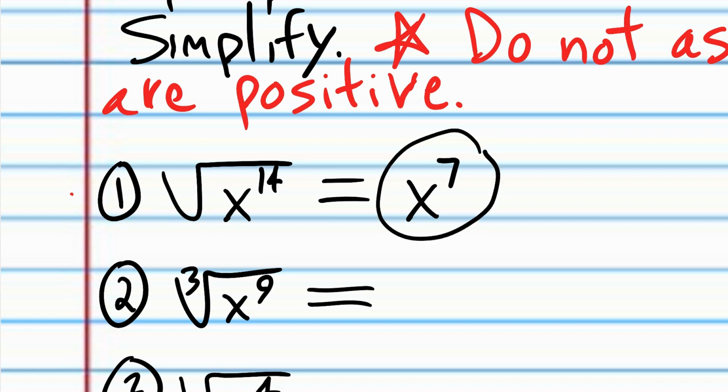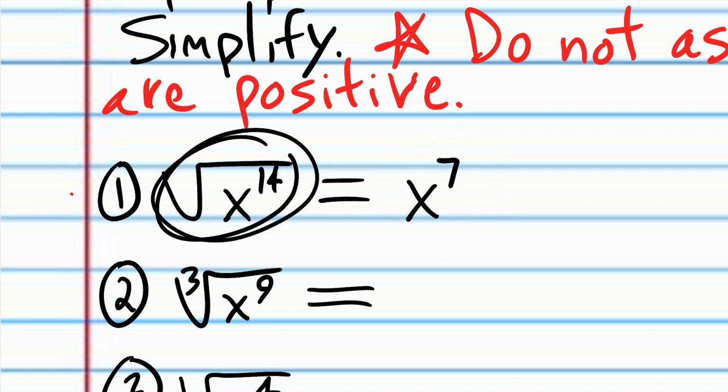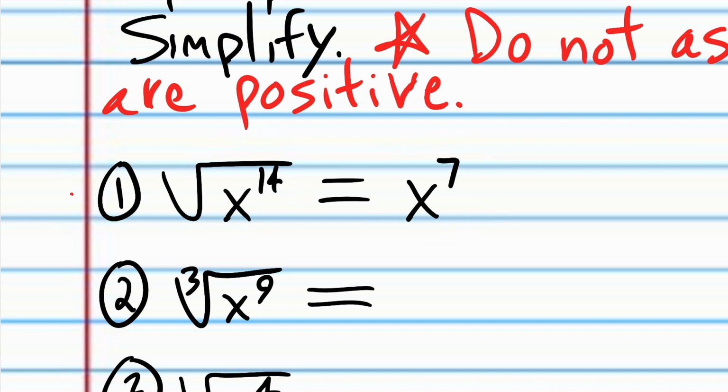This answer should be positive based on all these operations. Again, we're just following the rules of all these operations. So our answer should be positive, even though the base we are assuming is negative. Again, we don't know what the base is. It could be negative or positive, but we're assuming the base is negative. Even though our base is negative, the answer is positive.